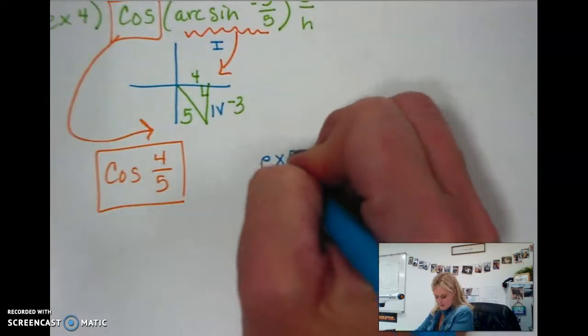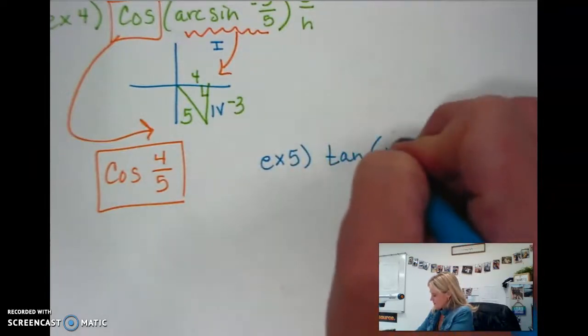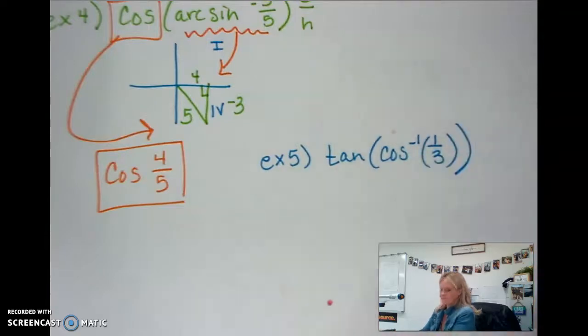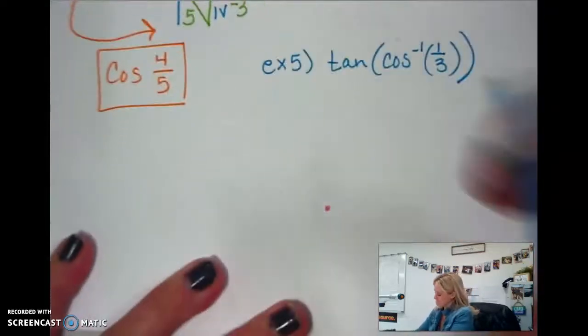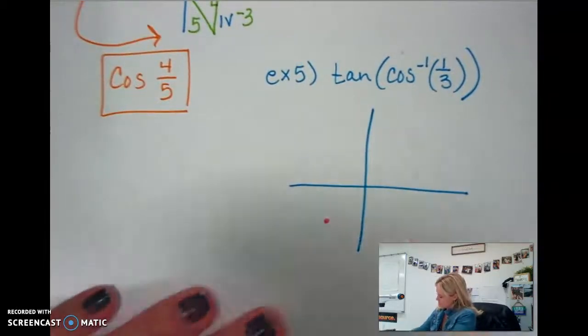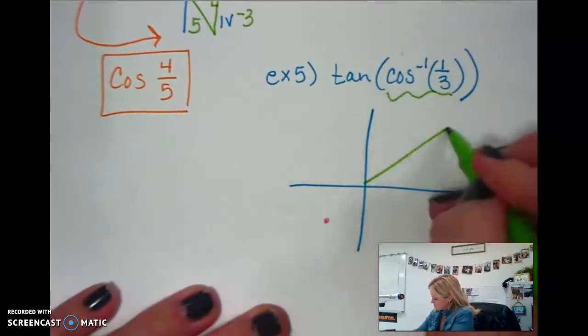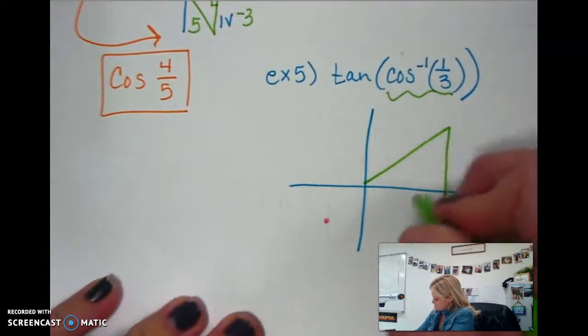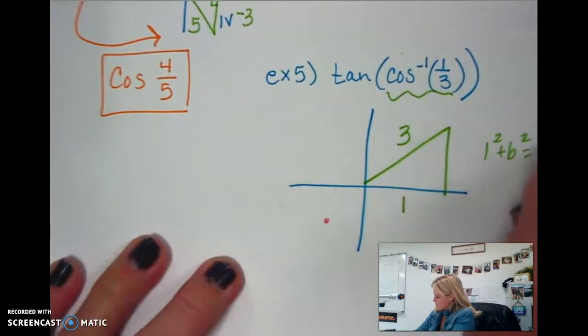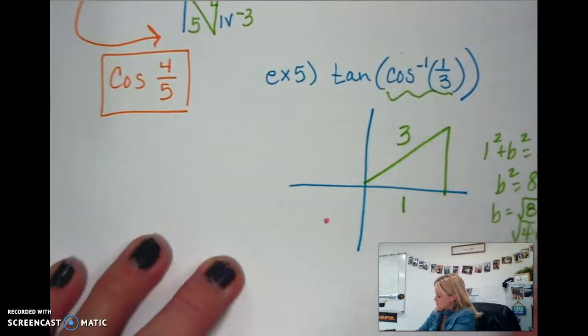Example 5. Find the tangent of the inverse cosine of 1/3. b squared equals 8, b equals the square root of 8, which is the square root of 4 times the square root of 2, or 2 square roots of 2.